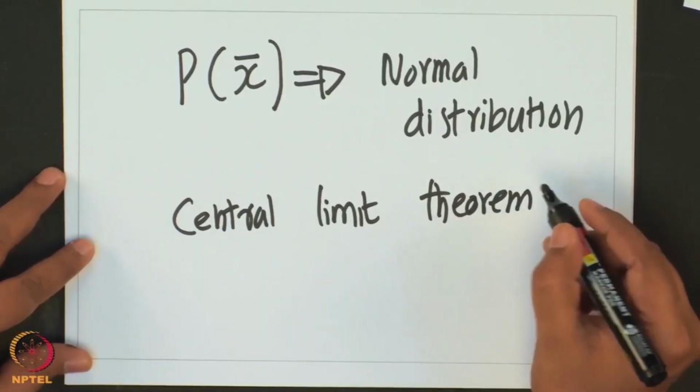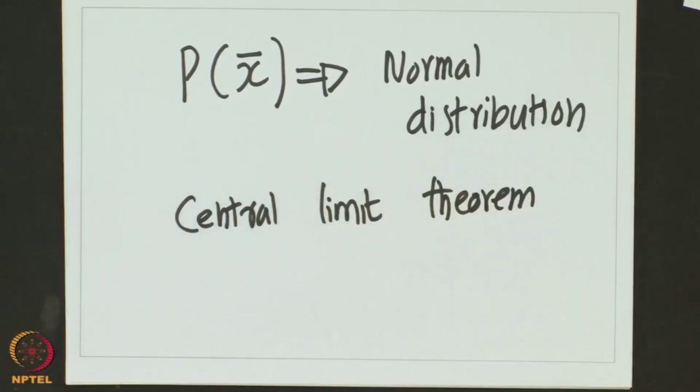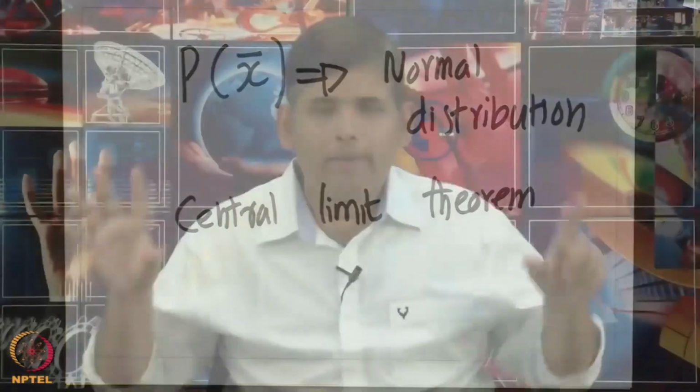Using it, one can argue that if I do many experiments separately, and in each experiment I get the mean value of some n samples, then if I collect all the mean values and plot their distribution, that would be a normal distribution.